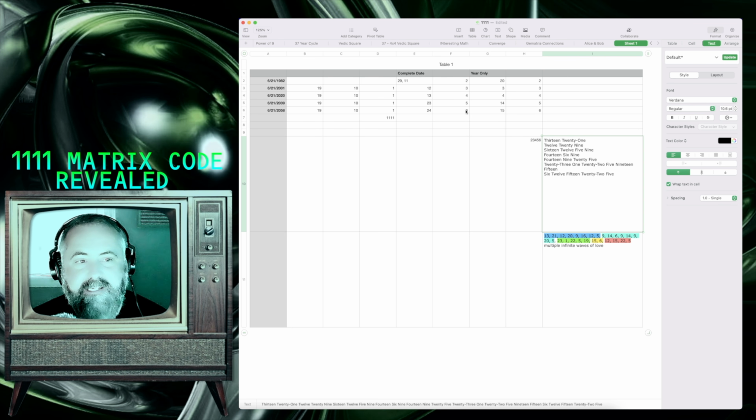And 2058, you get 15, which is 6. So again, 2, 3, 4, 5, 6. It is following a pattern, a cycle. All of these numbers have been showing a cycle, a pattern.